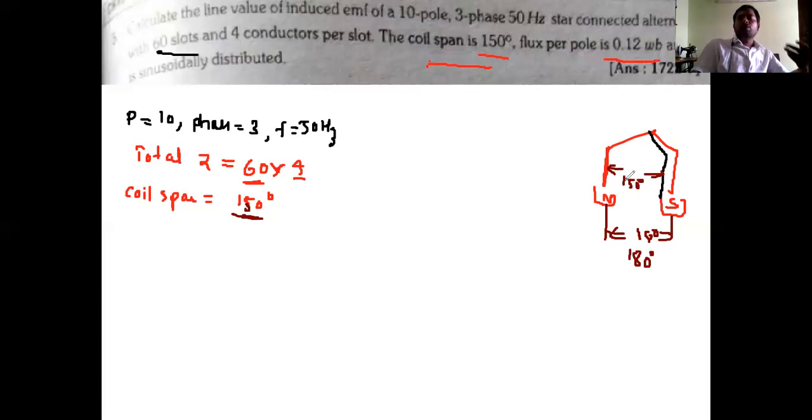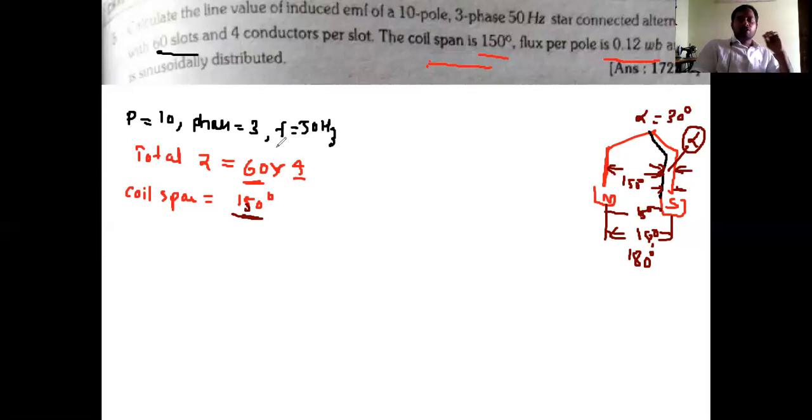So what is the short pitch angle? This small gap is alpha, and the total is 180 while the span is 150. So alpha is equal to 180 minus 150, which is 30 degrees.